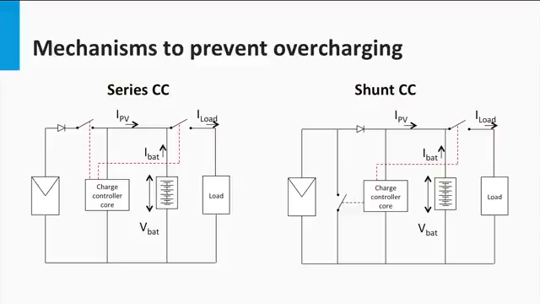On the other hand, in a parallel or shunt controller, the overcharging is prevented by shorting the PV array. This means that the PV modules work in the short circuit mode and that no current flows into the battery. These topologies also ensure over-discharge protection using power switches for the load connection appropriately controlled by the charge controller's algorithm.